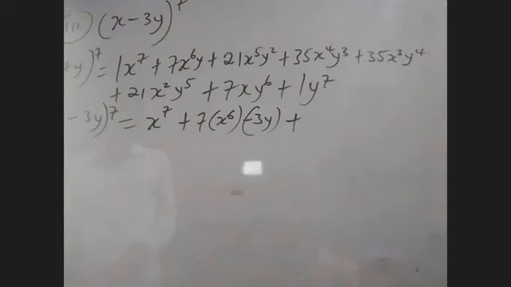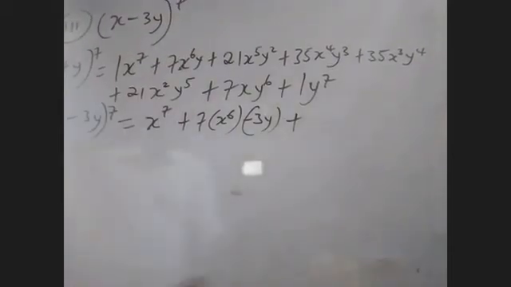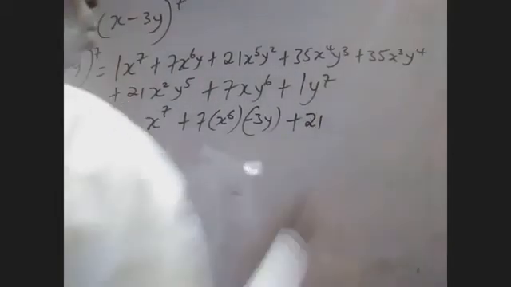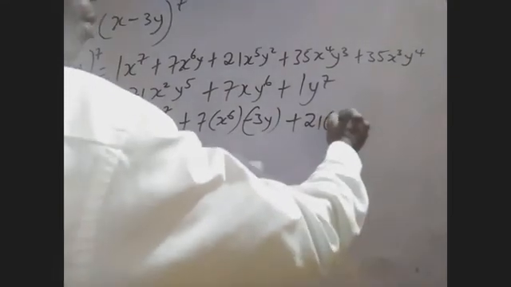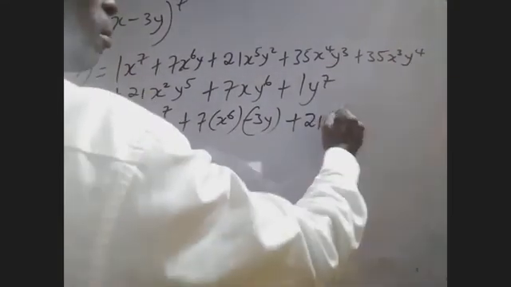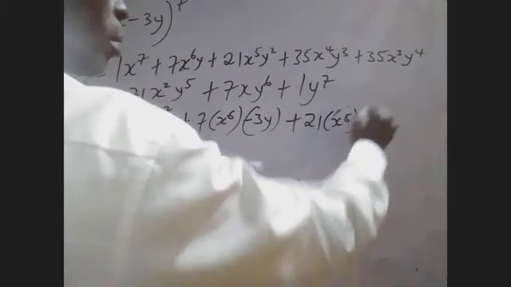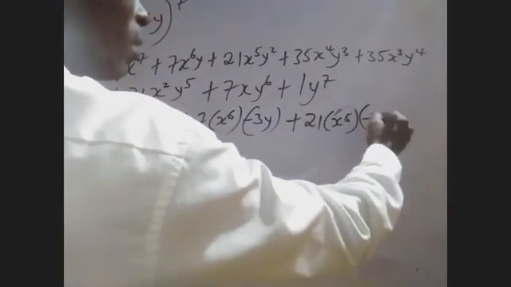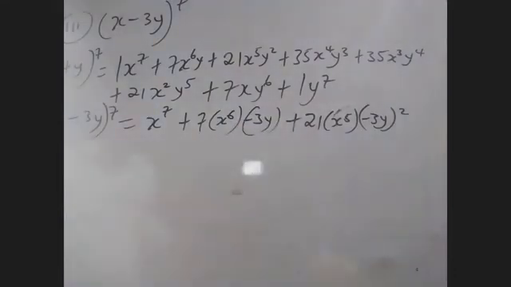Plus, the next thing is 21s^5 (−3y)^2. Here you have y, put −3y. Very simple.